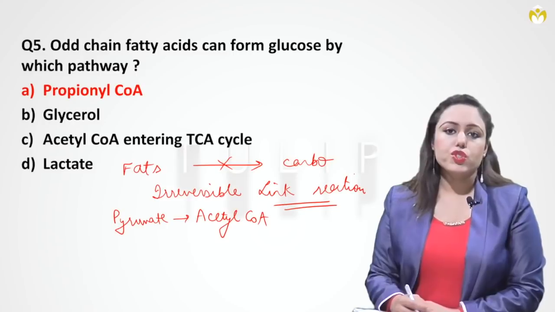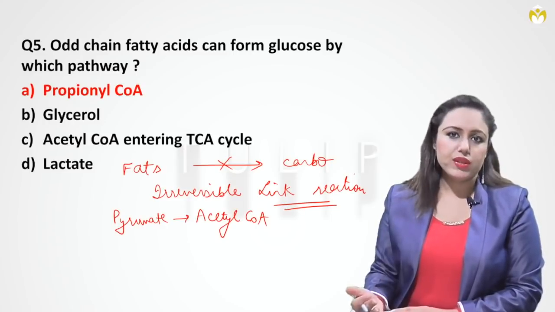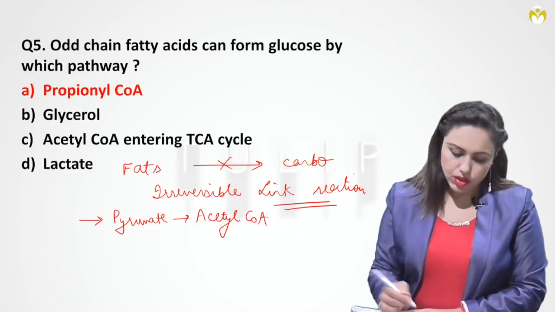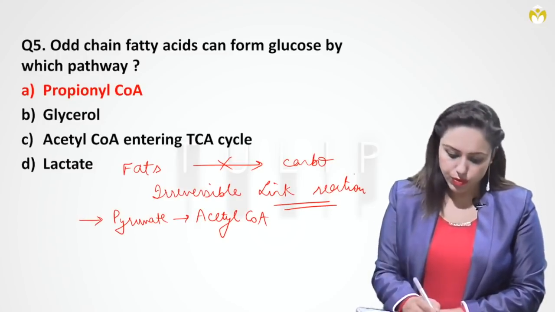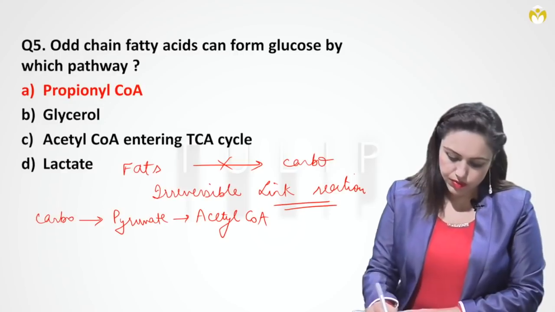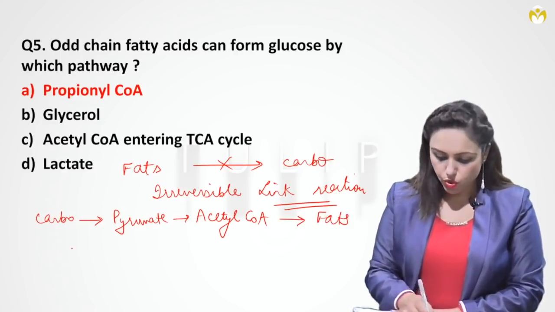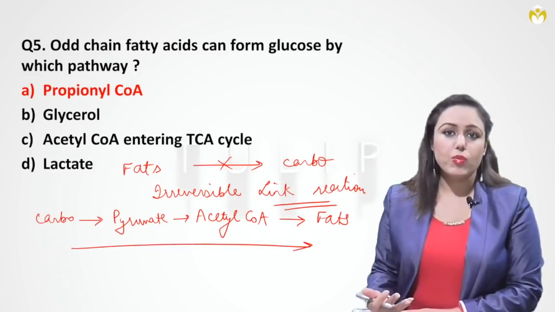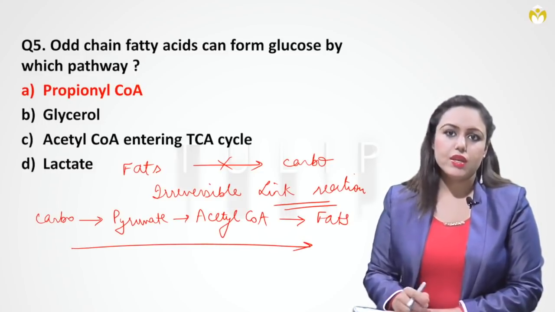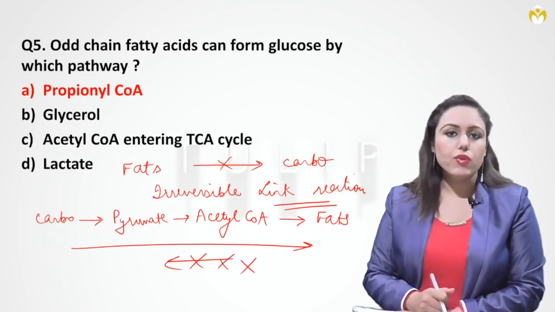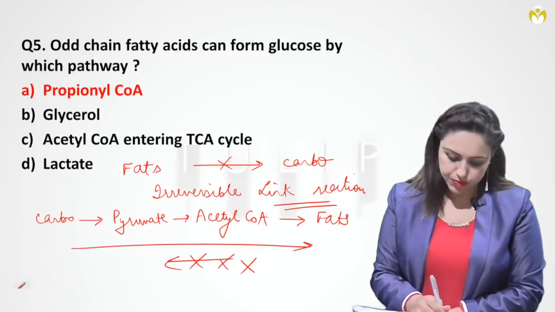If this is irreversible, that means pyruvate can form acetyl-CoA, but acetyl-CoA can never form pyruvate. Can I say pyruvate is mainly coming from carbohydrates, that is glucose, and acetyl-CoA is mainly forming fats in the body? So excess carbohydrates can be converted to fats, but the opposite is never true, that is fats can never be converted to carbohydrates.